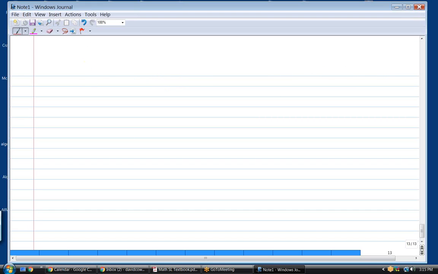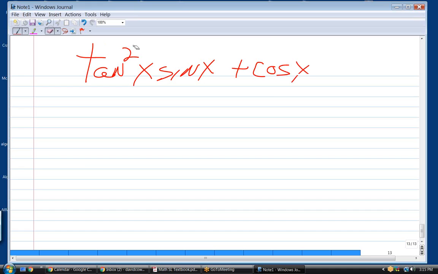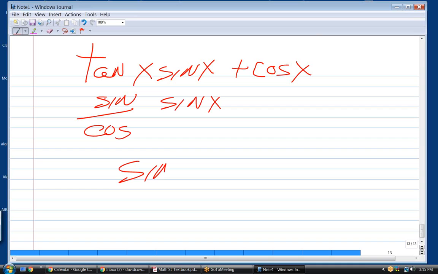Tangent x times sine x plus cosine x, not squared. So what I do, sine over cosine times sine plus cosine. So it would be sine squared over cosine plus cosine over 1.